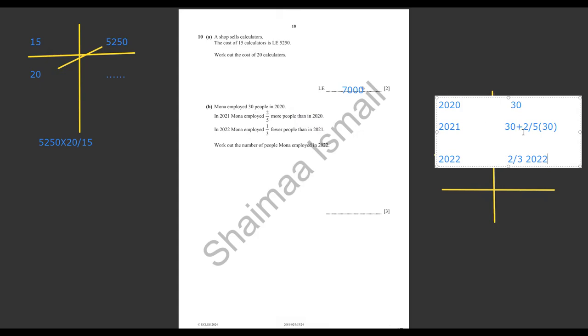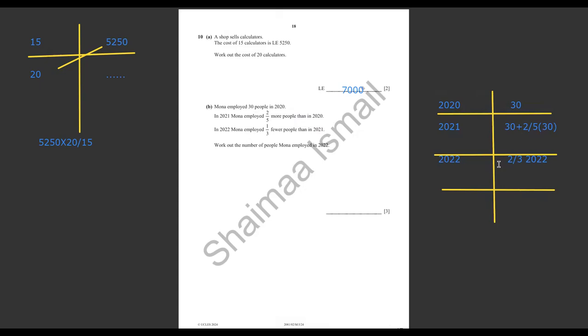Here we make 1 plus 2 out of 5. Here 1 minus 1/3 because it's fewer. So here 1 minus the 1/3 gives us the 2/3. Okay. And here the 1 plus because it's more. The 2 out of 5 will give us 1 and 2/5. The 1 whole is 30. Okay. 2 out of 5.